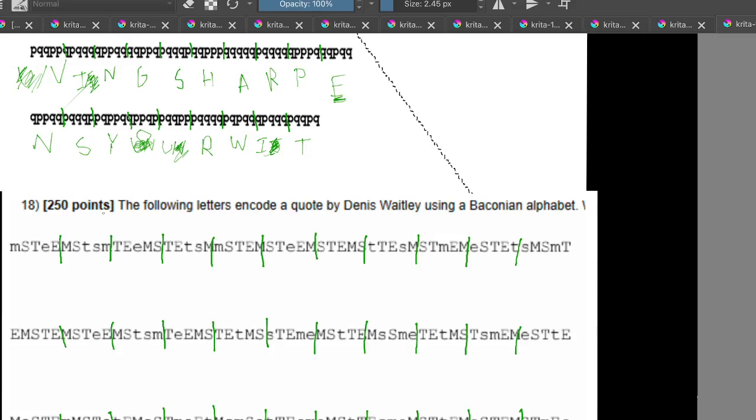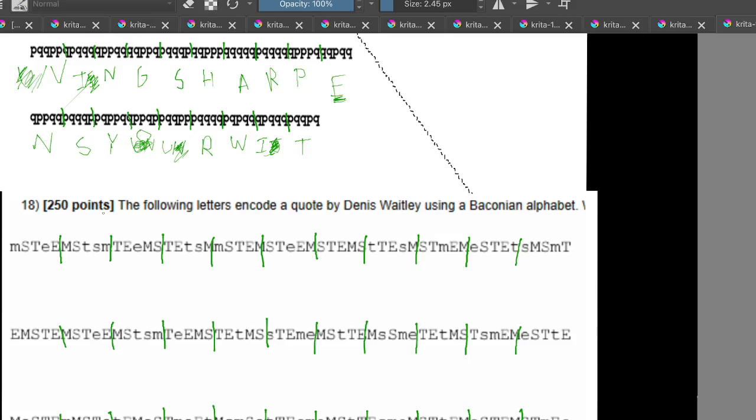But when I look closer at the text itself, it's also made out of combinations of S, T, E, and M. So it could be based off of 2 letters out of S, T, E, and M being A, and then 2 letters of S, T, E, and M being B, that are not overlapping.